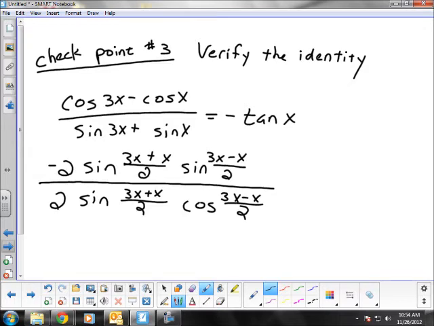So I used two different identities and just plugged in the equivalent expression for the top and the equivalent expression for the bottom. And now we're going to need to simplify that just a little bit. We're good?